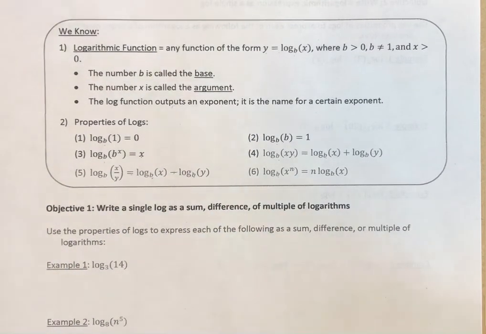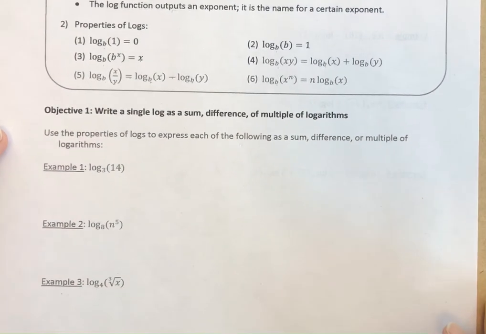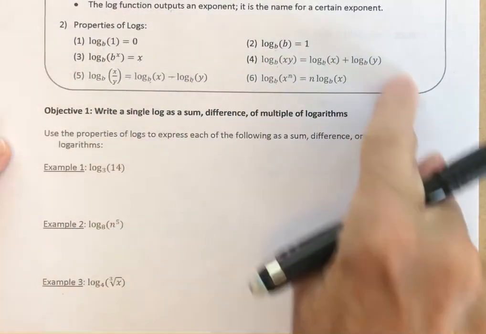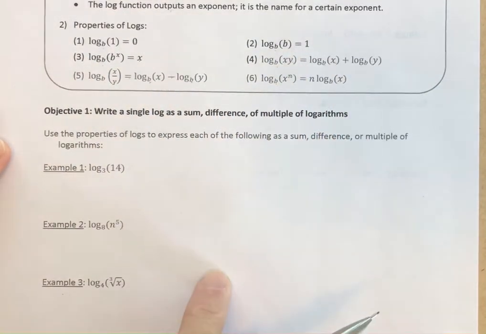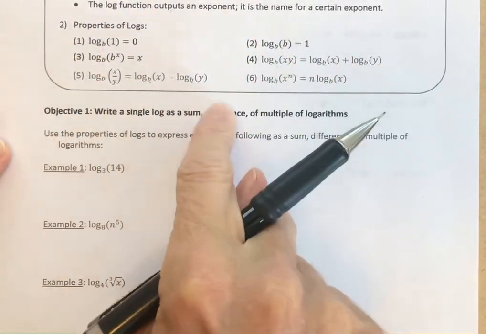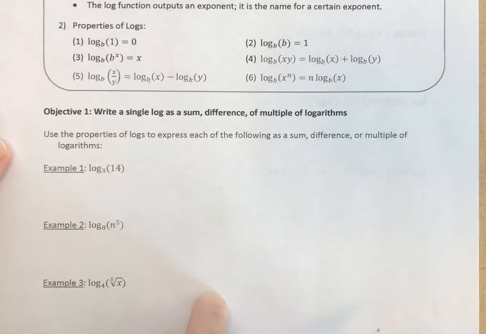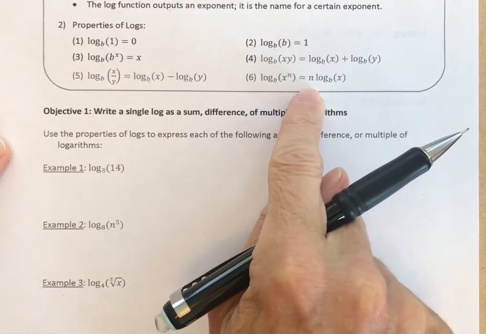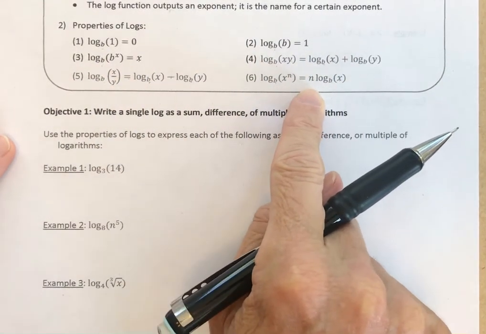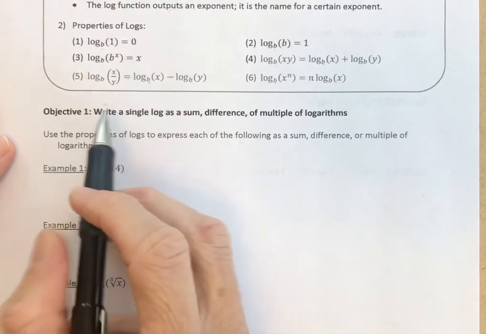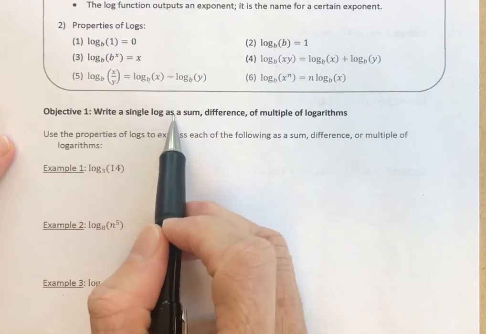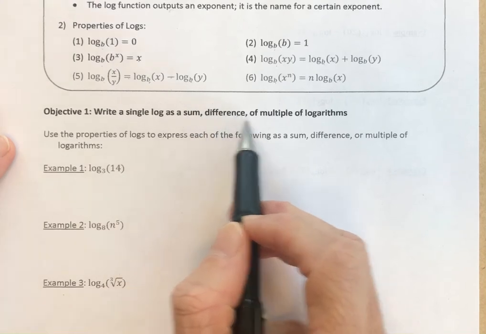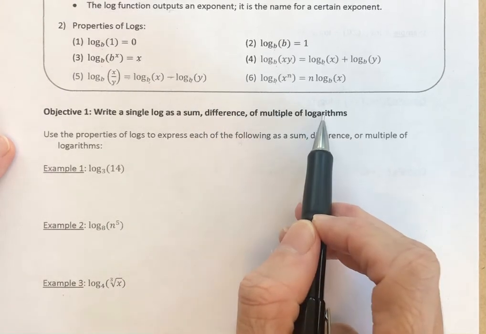Now let's play with them a little bit. I've got 4 examples for each objective here, and we're going to want to focus on these, because understanding these and having them well in our heads is what's going to get us through. So objective 1, we want to write a single log as a sum, difference, or multiple of logs.